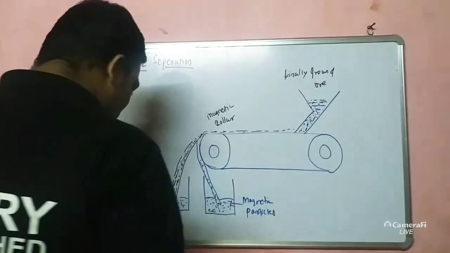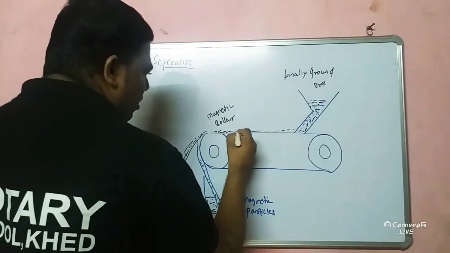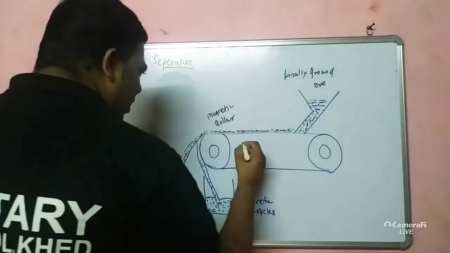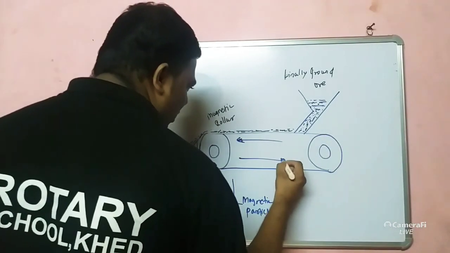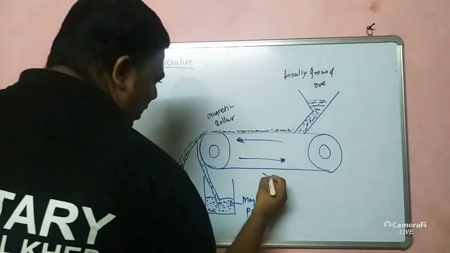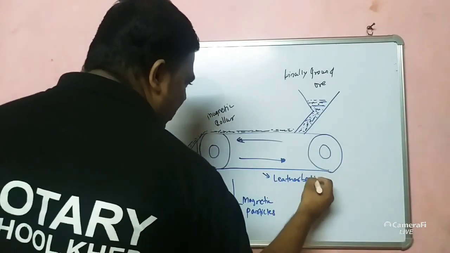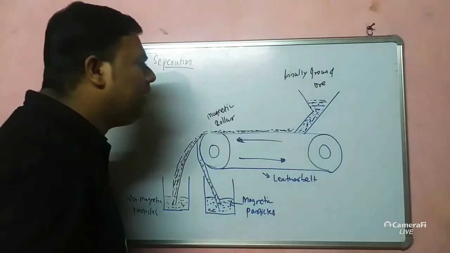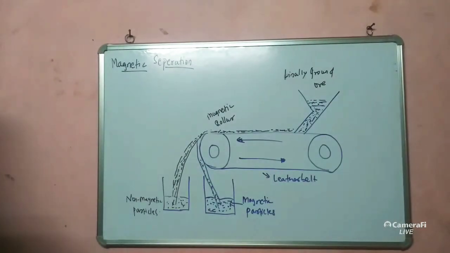We show this diagrammatically, and this is the leather belt, or conveyor belt. This is specially for iron ores only.